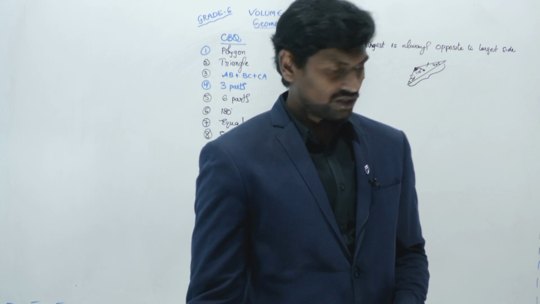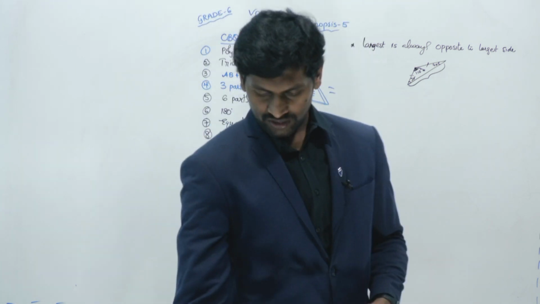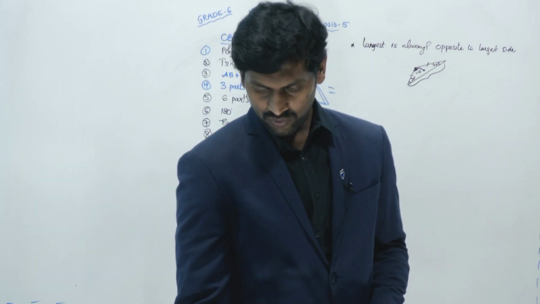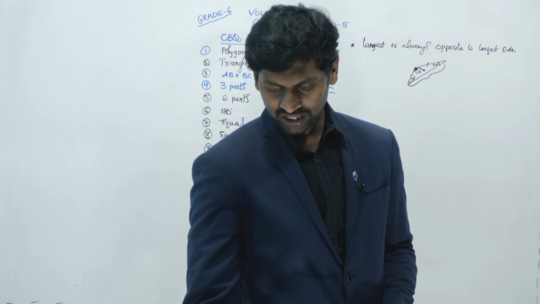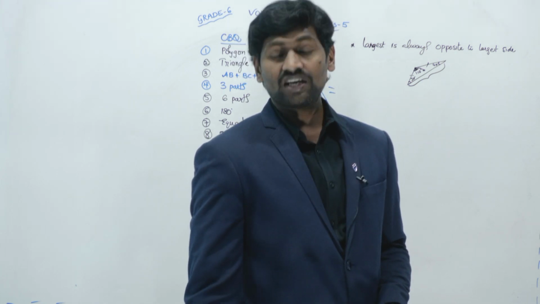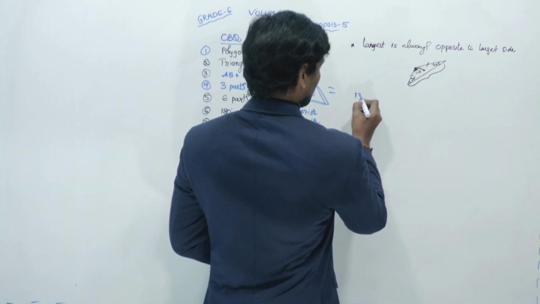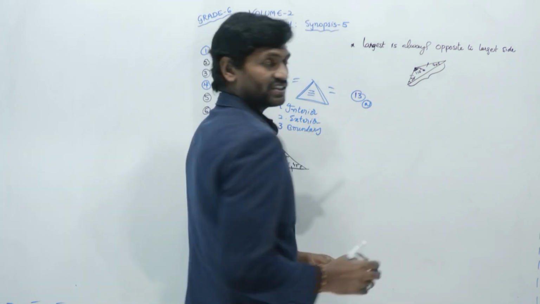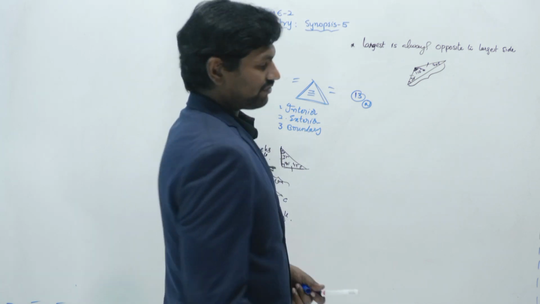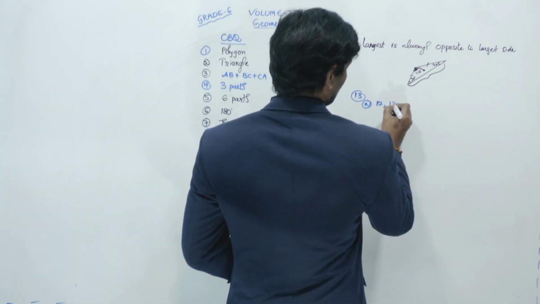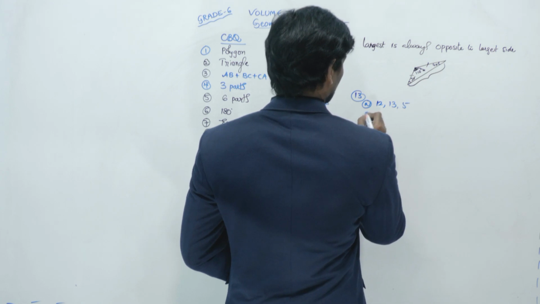Okay, let us go to question number 13. Which of the following is a right angle triangle? The measurements are given. Let us discuss the measurements here. Option A is 12, 13, 5: 12 centimeters, 13 centimeters, 5 centimeters.